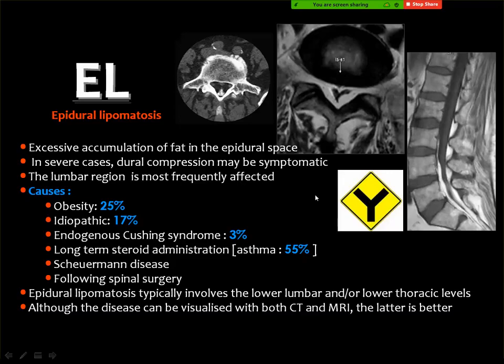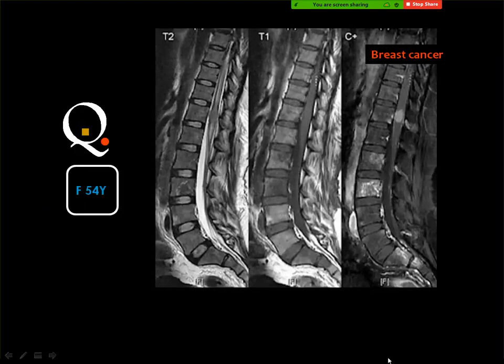What are the causes of epidural lipomatosis? Most commonly it is due to obesity. Sometimes it is idiopathic, in patients with Cushing syndrome, and the long-term use of steroids, like in asthmatic patients, Sheuermann disease, or following spinal surgery. Next case.